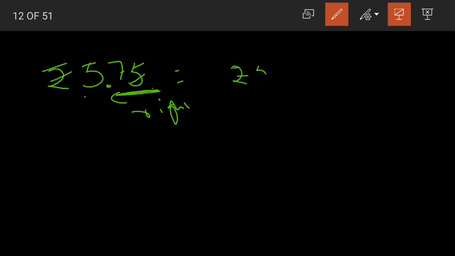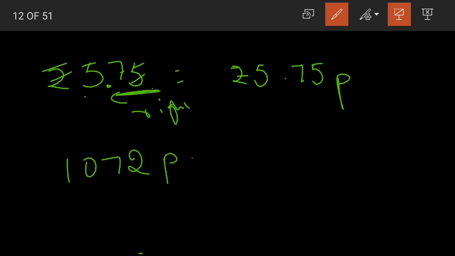So 575 paise is nothing but 5 rupees 75 paise. If I have 1072 paise, how will I write it in rupees? Again, write the number as it is, write rupees in front. From the right side, count two digits. After two digits, place 1 point. So 1072 paise is nothing but 10 rupees 72 paise.